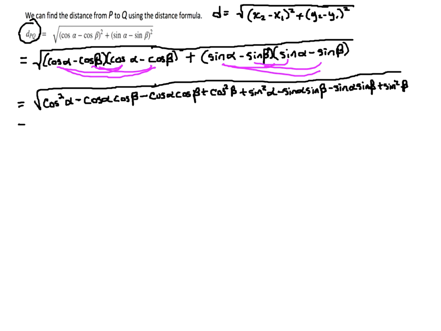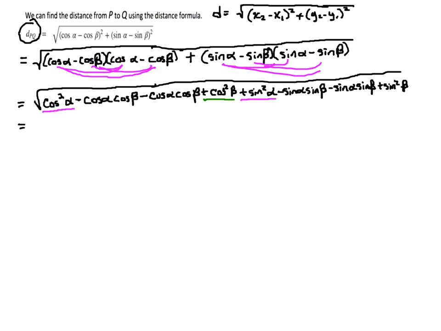All right, so let's see. I want to rearrange these things. I'm going to show you with colors what I'm about to put together. I'm going to put my cosine squared alpha and my sine squared alpha together, because that's one of my Pythagorean identities.